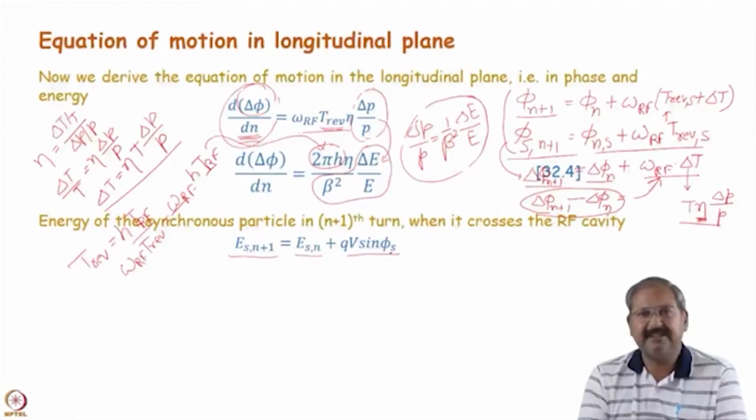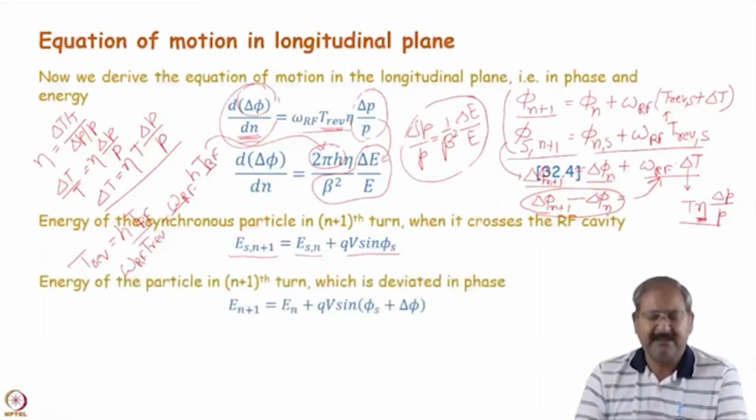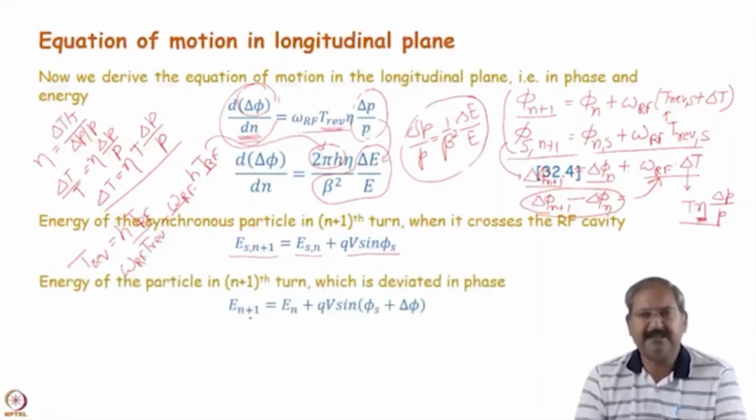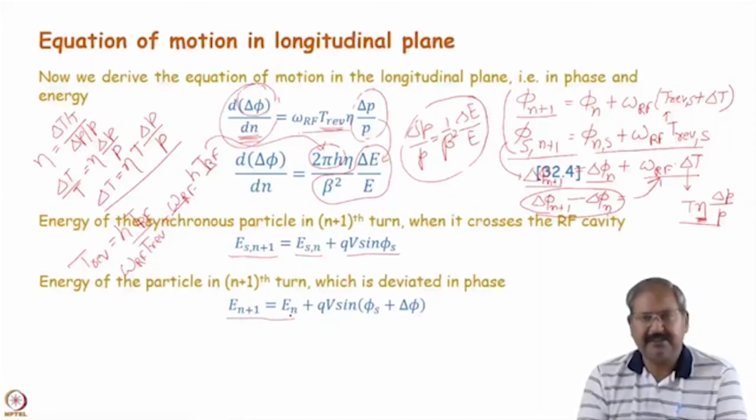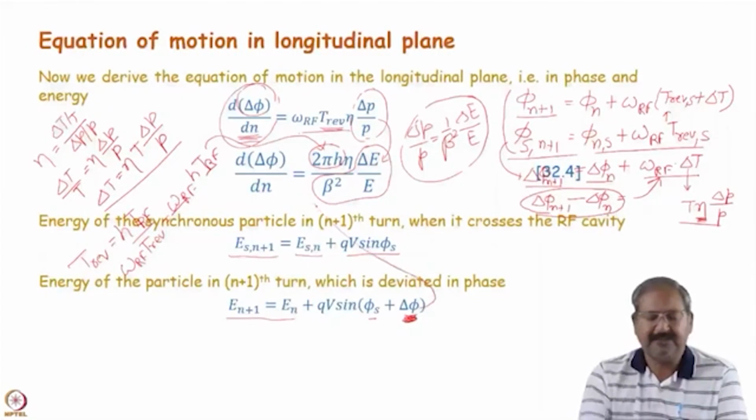Phi s is the synchronous phase. Similarly, for the asynchronous particle, meaning a particle which is not synchronous, which is deviated in energy or phase, it will have energy in the n plus 1th term equal to energy in the nth term plus qV sin of phi s plus delta phi. This delta phi is the phase deviation which is here.